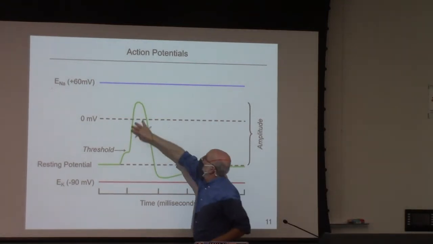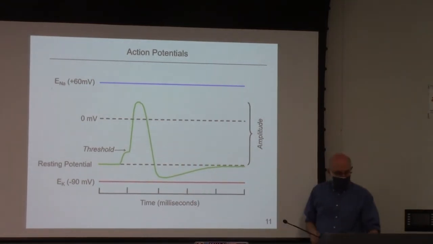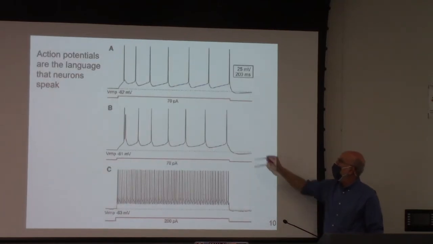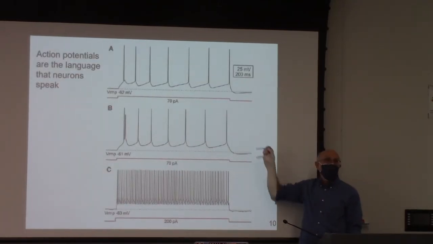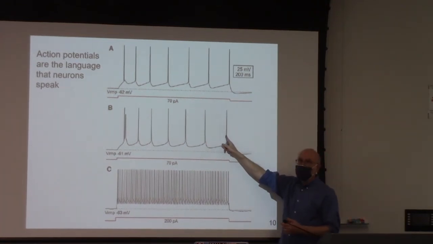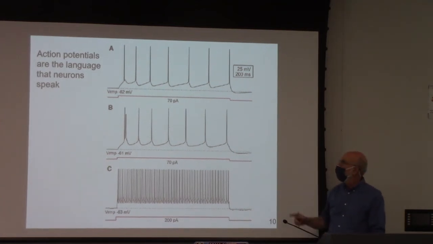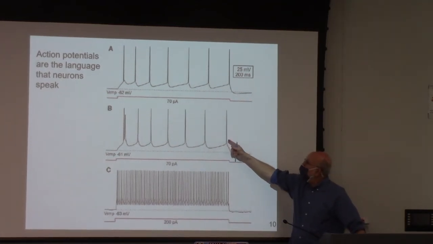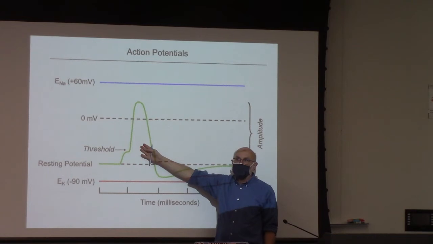This hump, when we compact it down into 200 milliseconds, becomes a spike. Very tall, a large depolarization, and a very brief depolarization, 1 millisecond in duration.